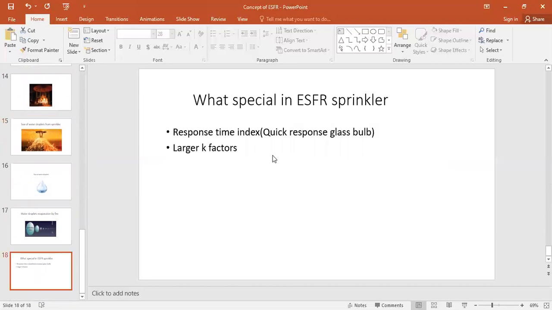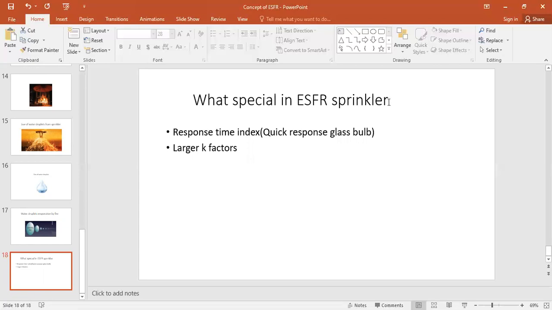So finally we come back to the topic. What's special in ESFR sprinklers, or what is the concept of ESFR sprinklers? In this complete video we have seen that the ceiling height increases the fire risk. To sort out this issue, we need two factors.